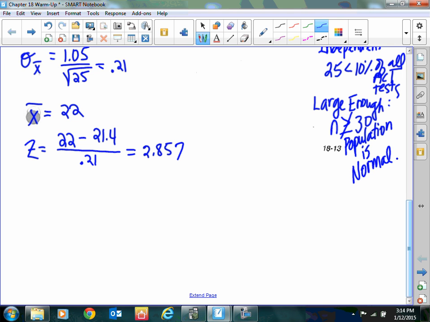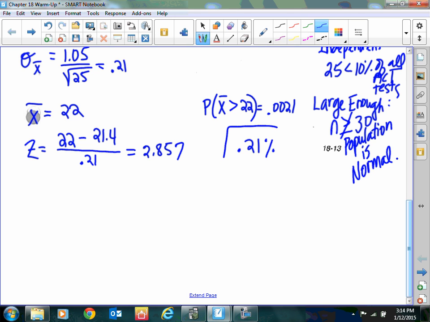So then I norm CDF from 2.857 to 99, and that is an area. So the probability that I get an average greater than or equal to, or it's more than 22, is 0.0021. That is just 0.21% chance that you get 25 students that average 22 or more.